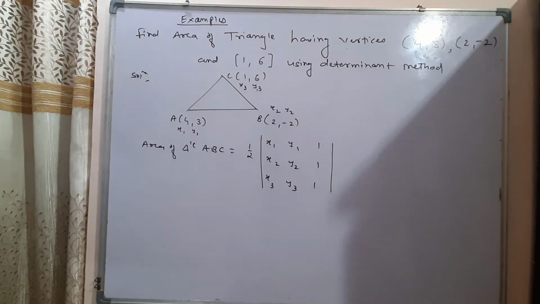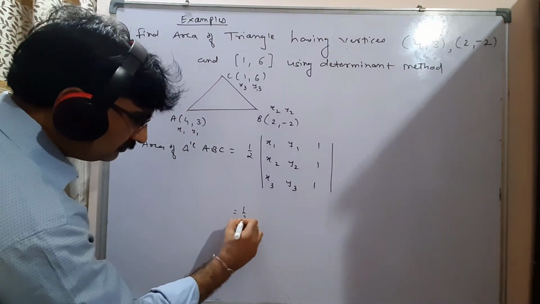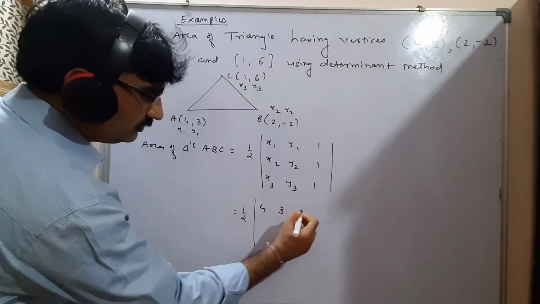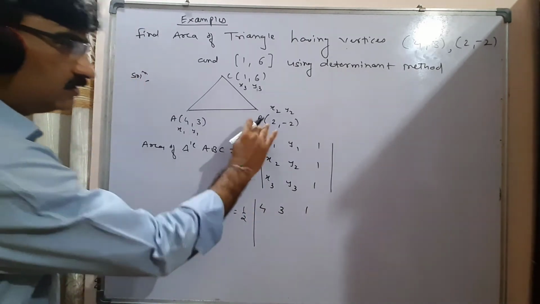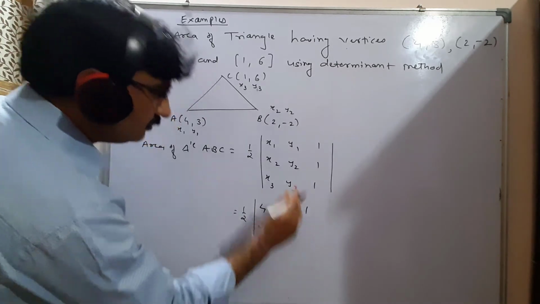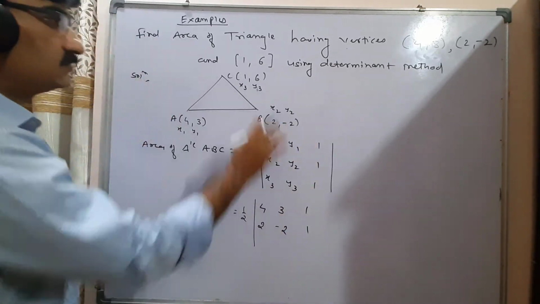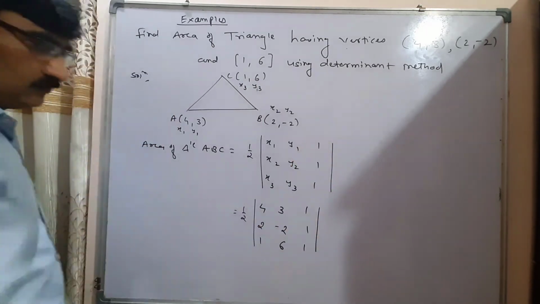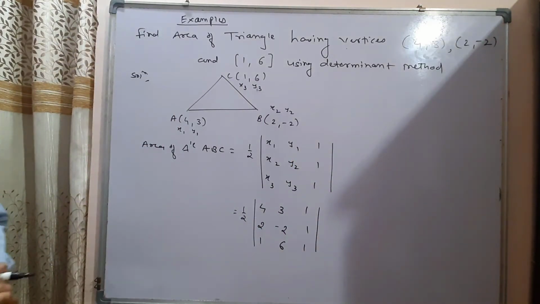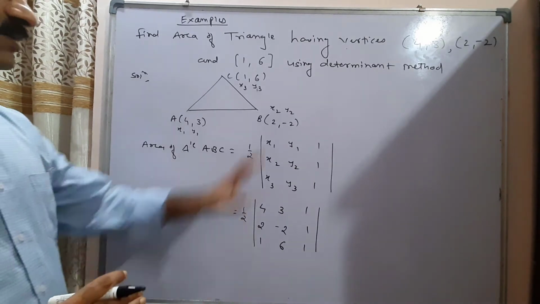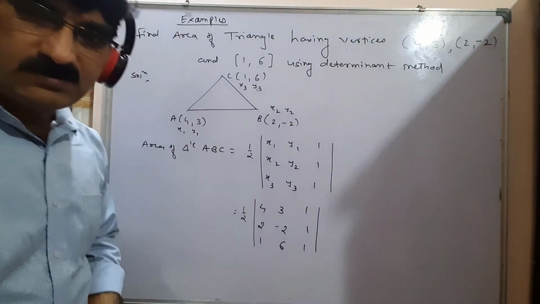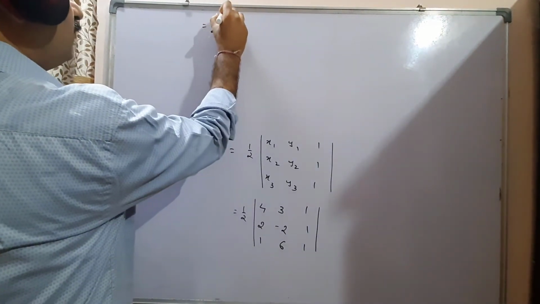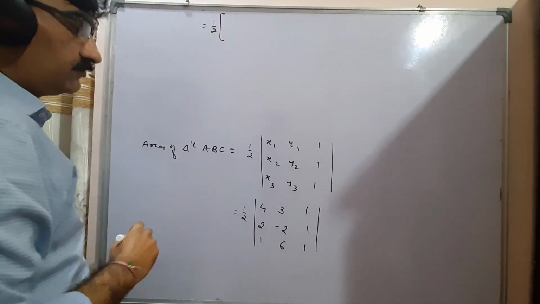Now put down these values in the formula. So what we get? x1 y1 1, that is 4 3 1. Again another 2 minus 2 1, and this is 1 6 1. So this is a formula to find out the area of a triangle. Now we simplify by using determinant method.